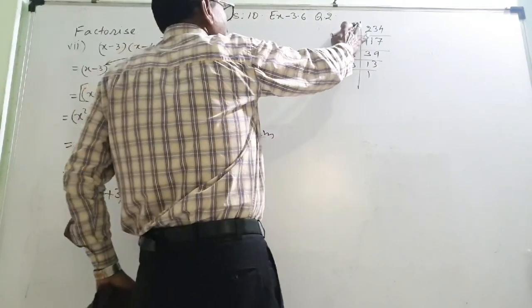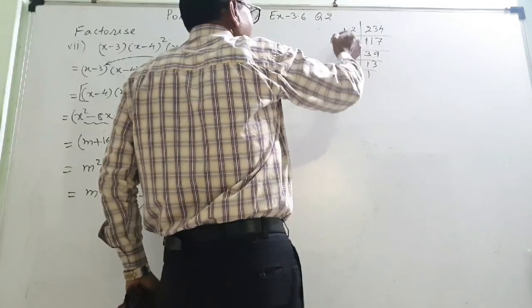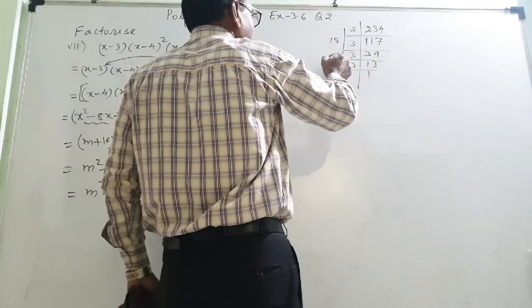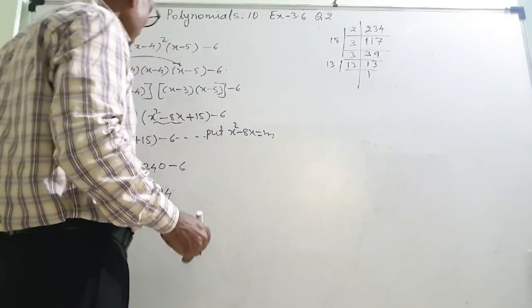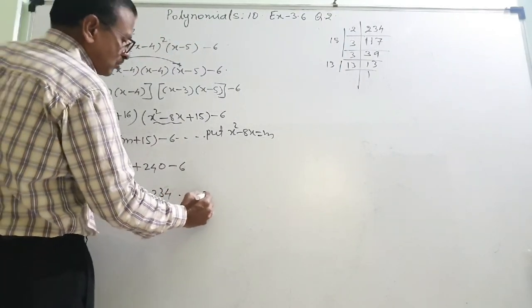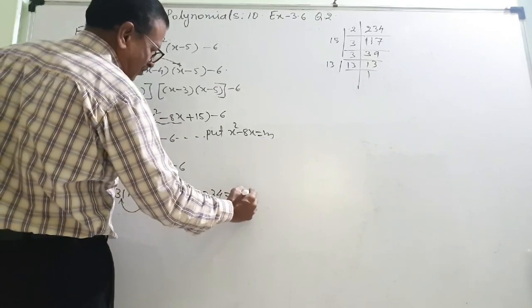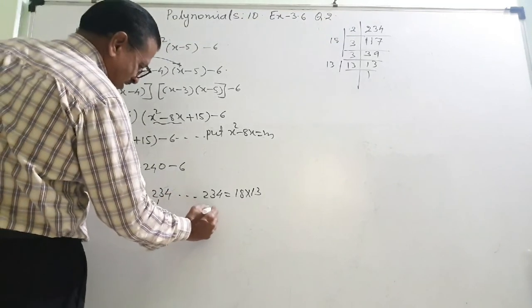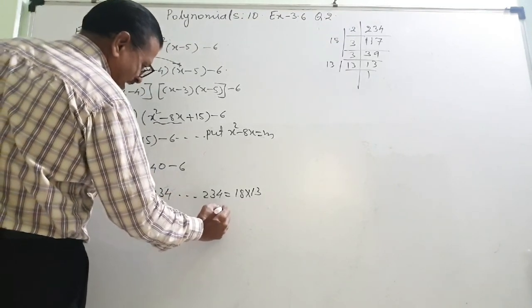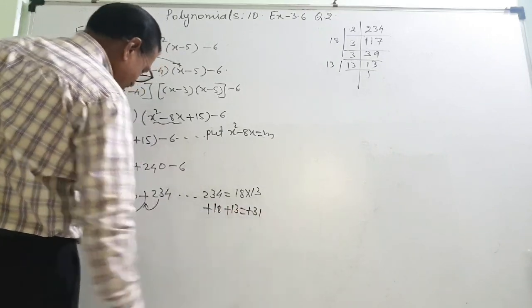If I take these 3 together, 3 threes are 9, 9 twos are 18, and this one single 13. 13 plus 18 is 31. Okay, I got it. So the factors of 234 are 18 into 13. I want to add them, and that addition should be plus 18 plus 13 equal to plus 31. My work is over.